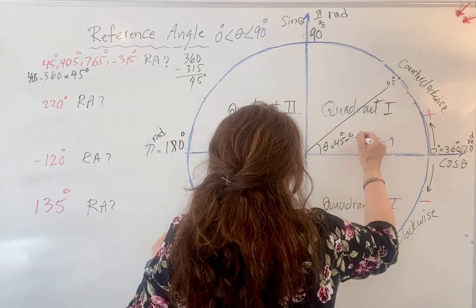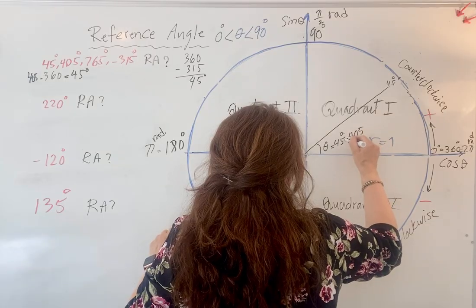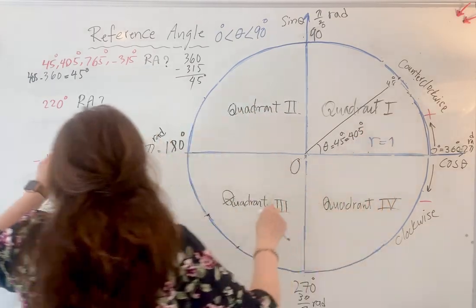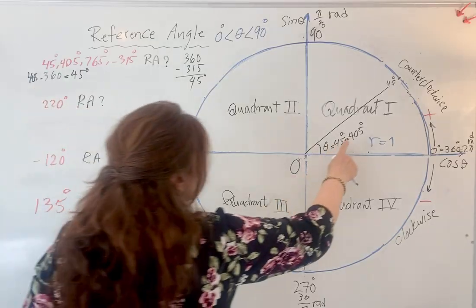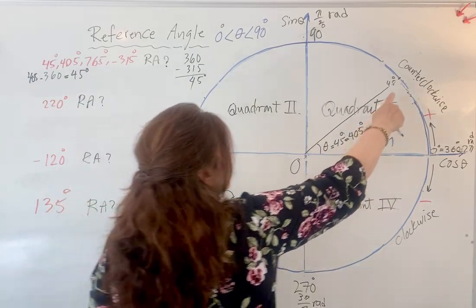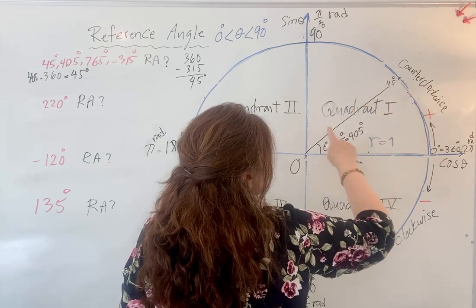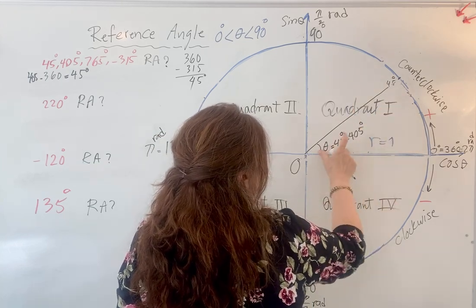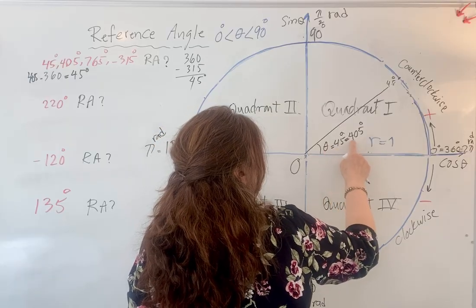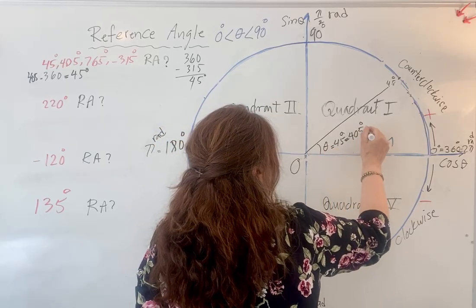Okay, this is 405. 405 degrees and 45 degrees end up here in quadrant 1. And the angle is theta.